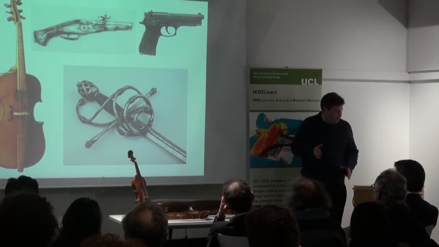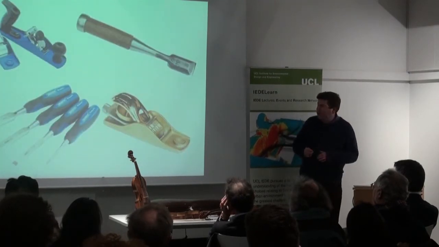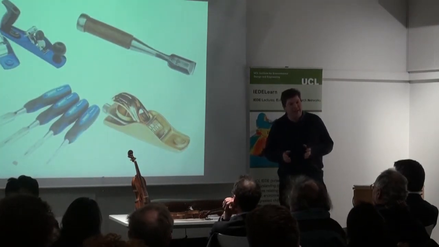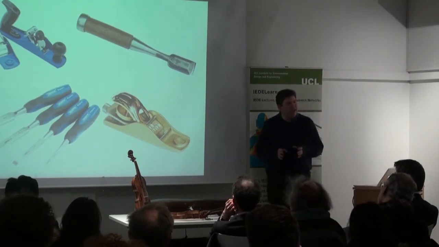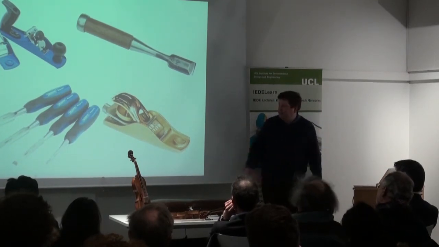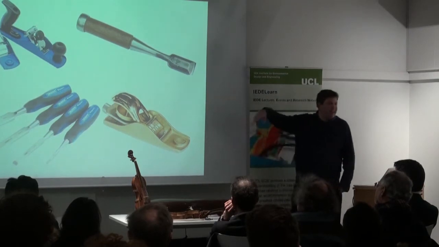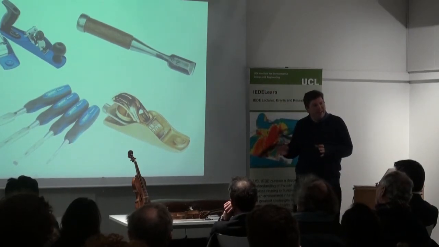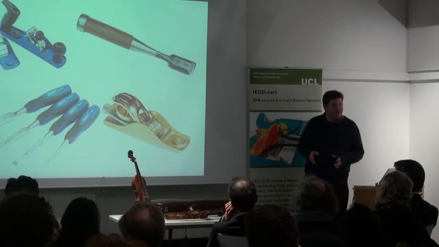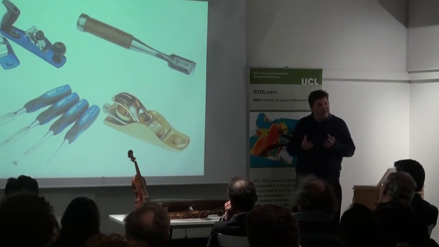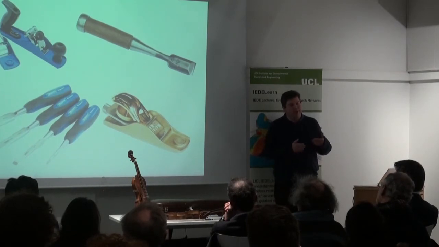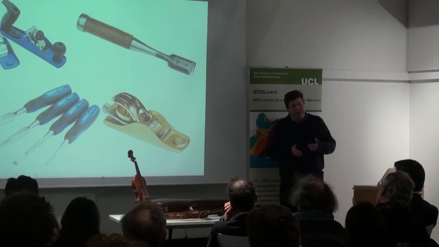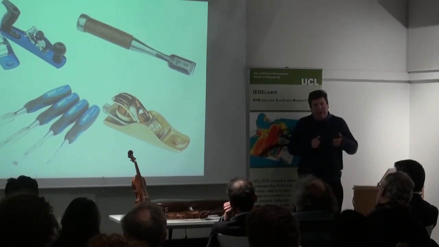As someone who taught violin making in a college, people come along with the cheapest possible tools they can, horrible blue Stanley bits and so forth, and we try to get them to put those in the bin as quickly as possible, because what they find is that even today, most tools will not hold their blade well enough to be able to work with very hard woods. Even maple is too hard.